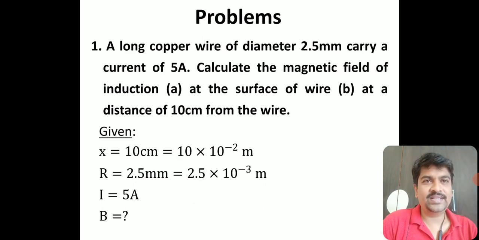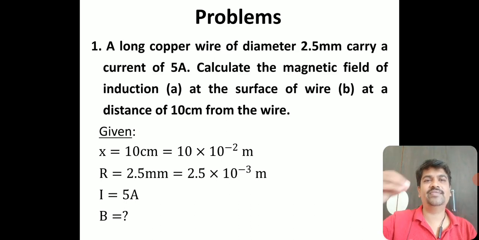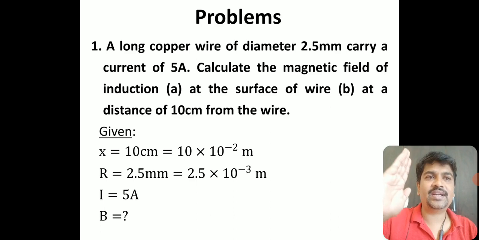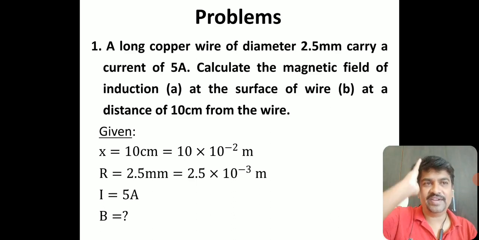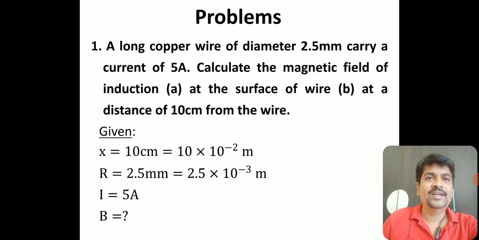Now I have to find out the magnetic field in two cases: at the surface of the wire as well as at a distance of 10 centimeter from the wire. It's a magnetic field due to a straight conductor of finite length. Let me find out which formula we are going to use.